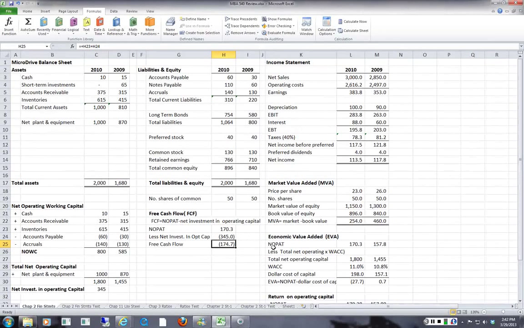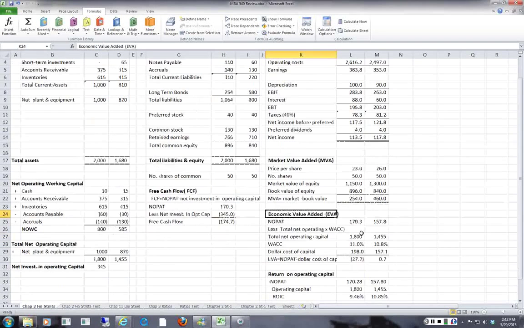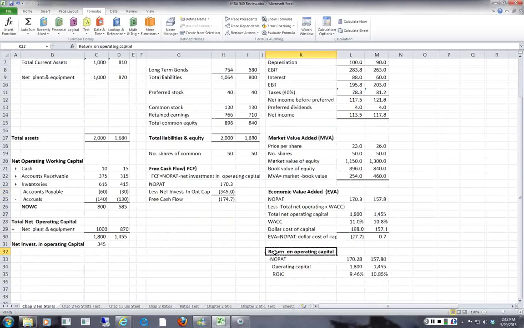Now, what we're going to do with that, we're going to go over here to economic value added. First of all, let's go down here to the return on operating capital, where we take NOPAT, which is 170.3. Actually, it's 170.28, and 157.8 for the preceding year.